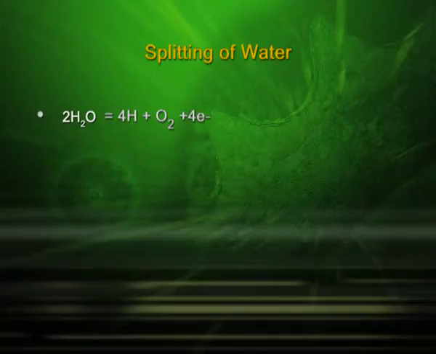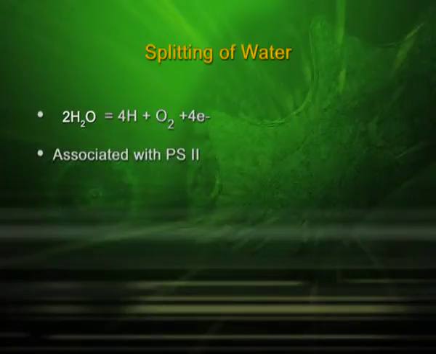It is not only providing oxygen to be released, it is also providing electrons so that the system of photosynthesis and other systems continue in the plant. We can also see this in our slide. You can see 2 H2O will give 4 hydrogen, oxygen and 4 electrons. And this splitting of water system is associated with PS2. Why PS2?